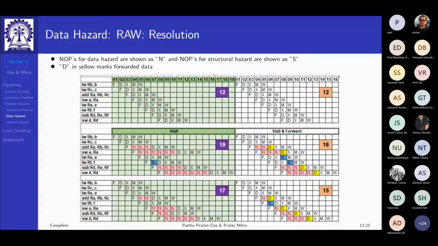With that, the add instruction will finally do the write back of RA in cycle 10. So the store instruction, which will store RA to A, will have to wait till cycle 11 to get the data of RA decoded. And then it can proceed, and it goes up to cycle 14.